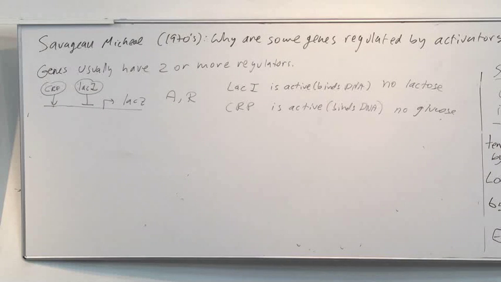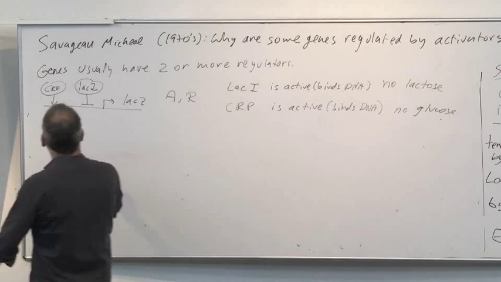It's responsible for eating the sugar lactose, but E. coli has a preferred sugar, glucose. And when glucose is around, it shuts off all the other sugar systems. This is something really great about E. coli sugar systems.